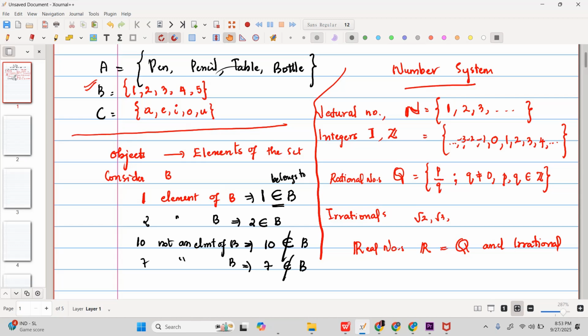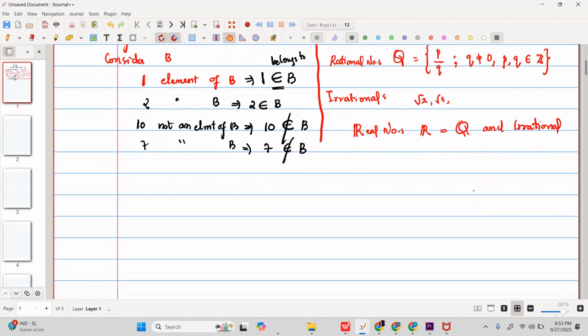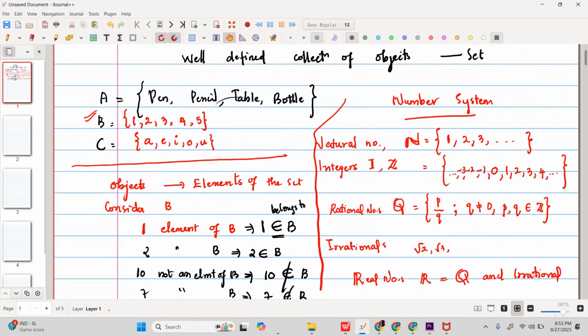That's it. So we have covered what we mean by a set, how we express the elements of a set, and the symbol used for the element. And if we can pick the objects like this, 1 2 3 4 5, we can simply find which elements belong to the corresponding set.